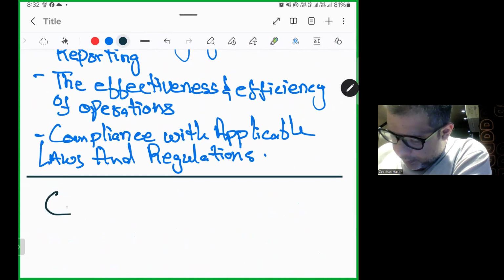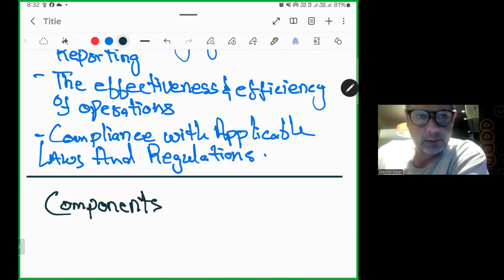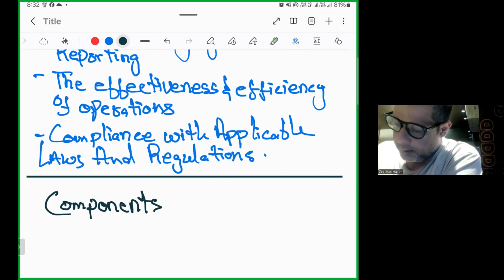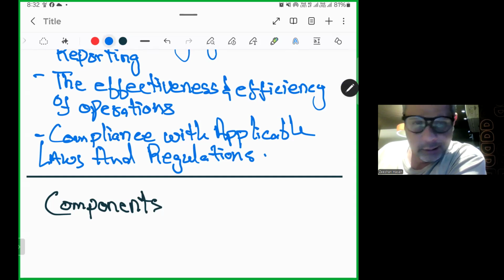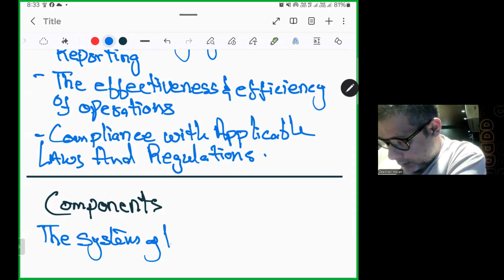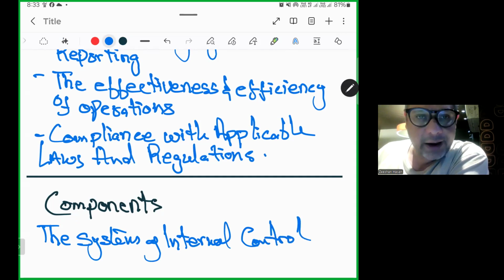The system of internal control consists of five interrelated components.